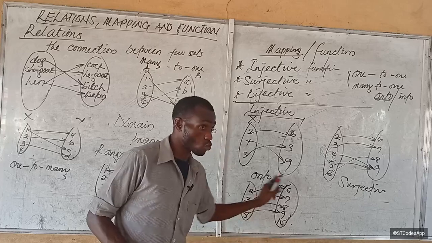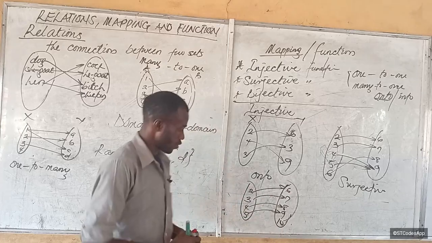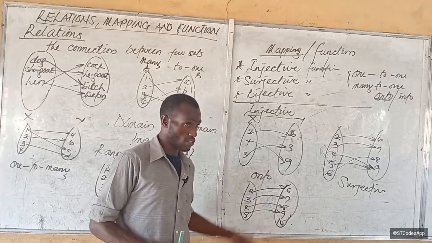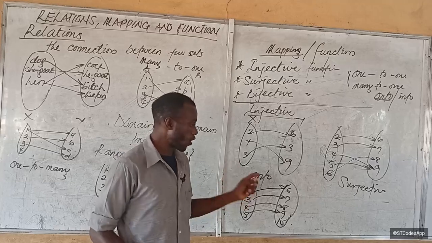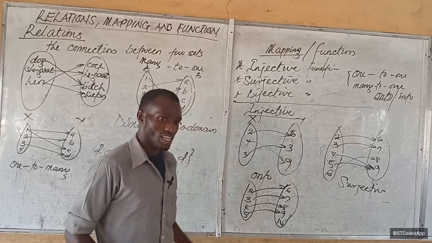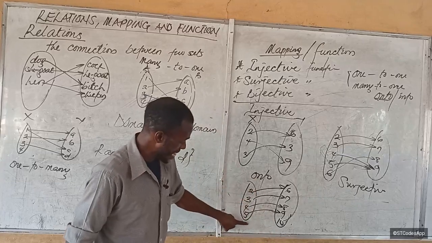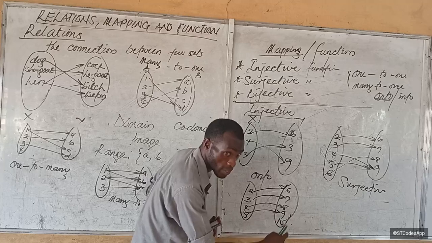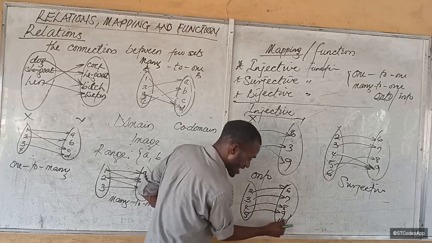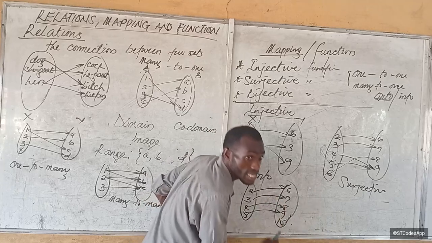This is 1 to 1. Is that okay? But is this surjective? It's not surjective. Is this bijective? No. Now, in this case, if there was an element here that was not mapped, this would not be a mapping, you remember? But in this case, where there is an element here that is not mapped to, this is still a mapping.